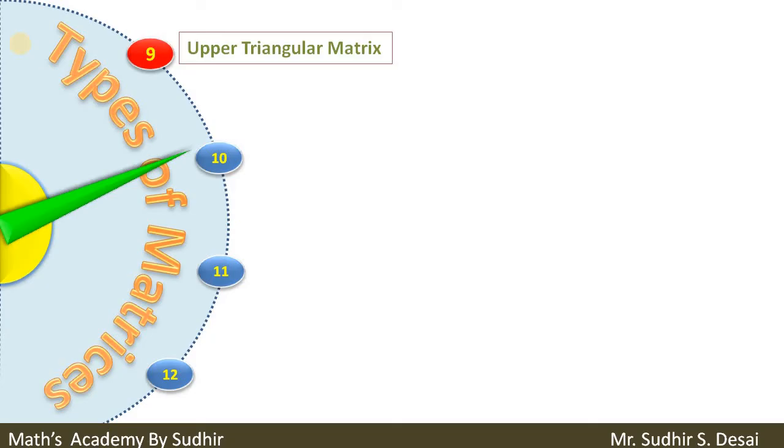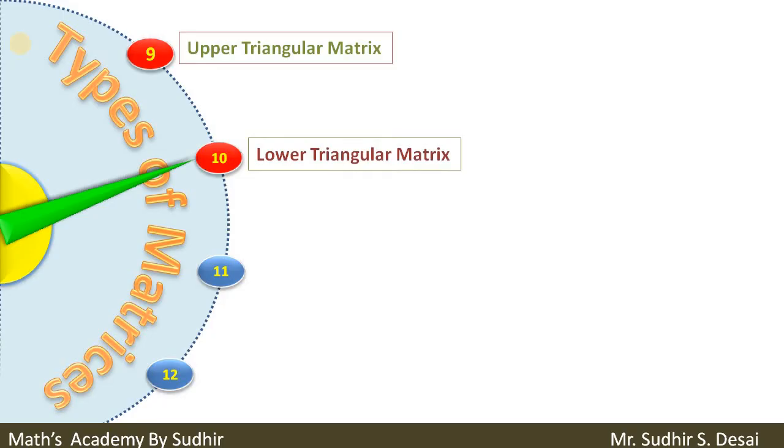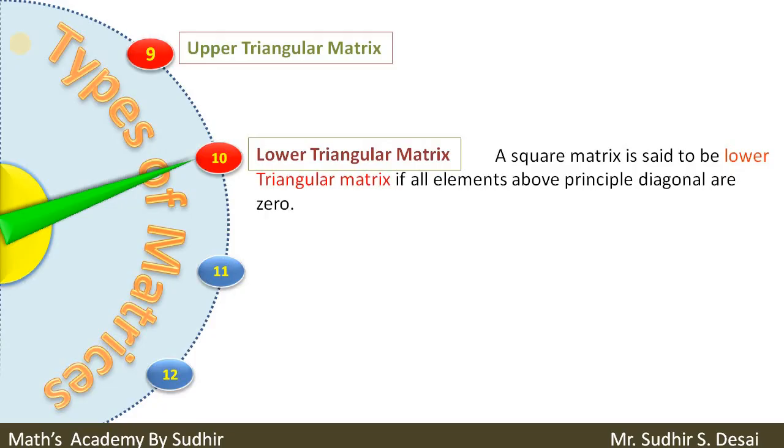Next type of matrix is the lower triangular matrix. I think you will be able to define it now. So what is the definition? Repeat it. A square matrix is said to be a lower triangular matrix if all elements above the principal diagonal are 0. It is opposite to upper triangular.